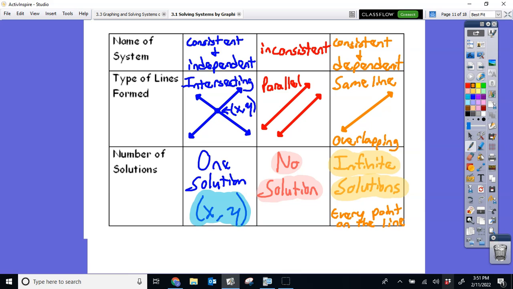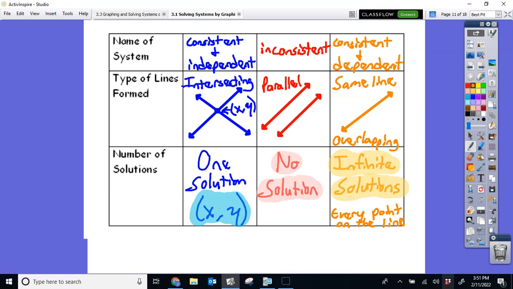We know those people who are dependent upon the other person. But notice what we just said. They're always with each other. That's how I try to tell people to remember this: consistent and dependent. Think about that dependent boyfriend or girlfriend who always follows their significant other around everywhere. They've got to walk each other to class, right?